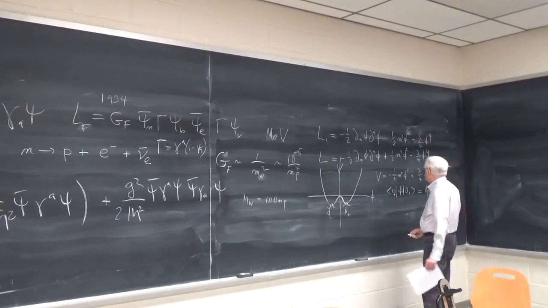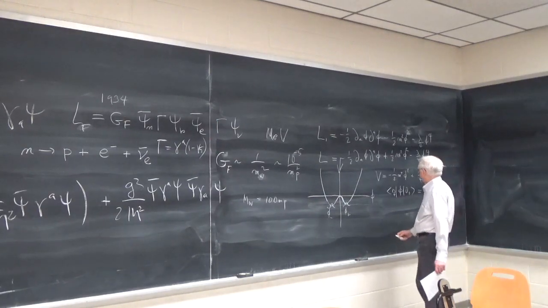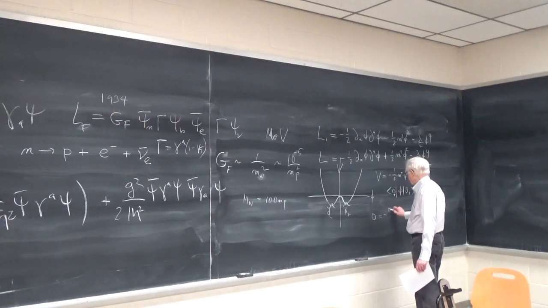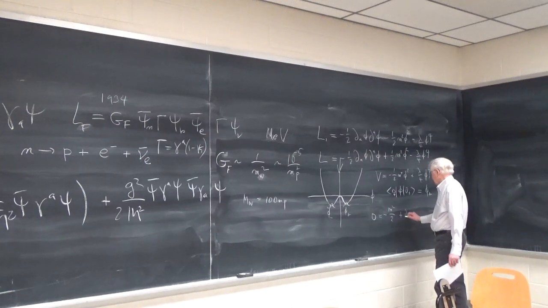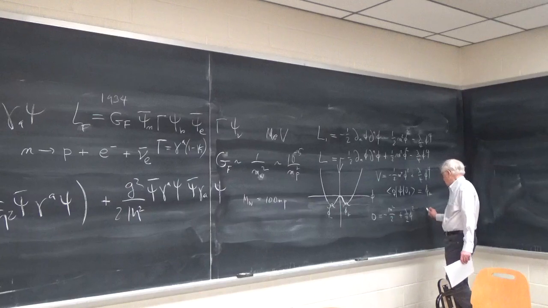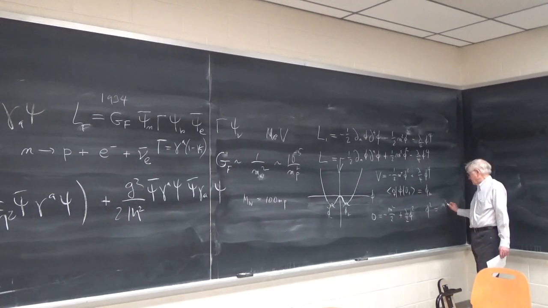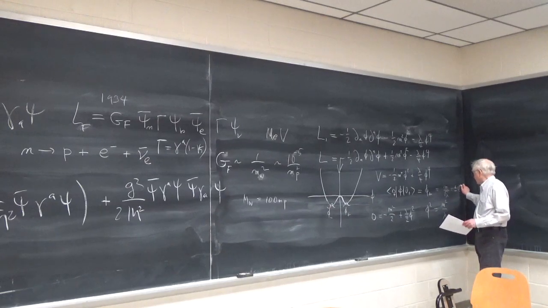And the minimum of that, the easiest way is to differentiate with respect to phi squared, and so that's 0 is equal to minus m squared over 2 plus lambda over 2 phi squared, and so that's at phi squared equal to m squared over lambda, so phi is equal to m over square root of lambda. And we're going to call that plus or minus v.